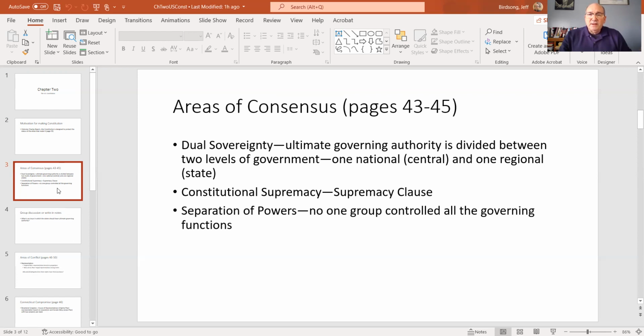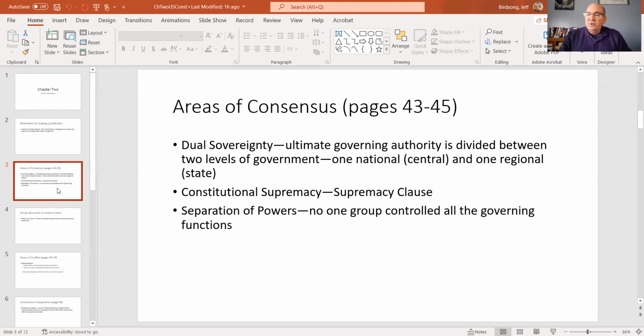Most people then who were debating this new Constitution wanted to have dual sovereignty, so that there would be this ultimate governing authority divided between two levels of government: the national government or central government, and then regional governments, state governments. So that ongoing debate that we see still with us today.